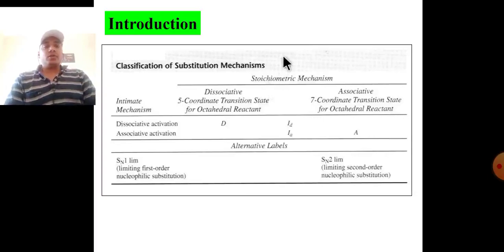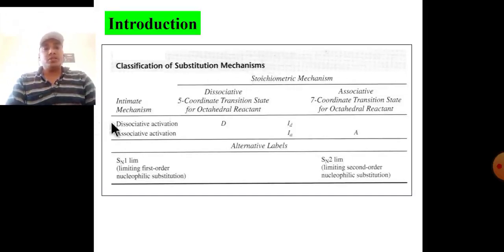In metal complexes, the central metal atom acts as the electrophilic reagent, and the ligand acts as the nucleophilic reagent. In the classification of substitution mechanism, there are two types of mechanism: one is the intimate mechanism and the second is the stoichiometric mechanism.